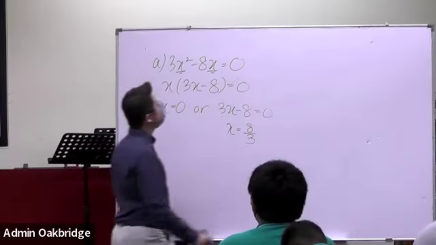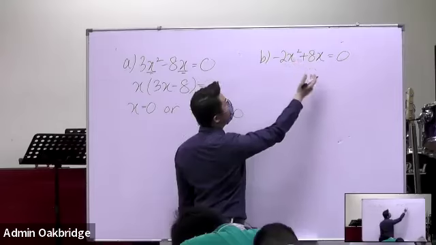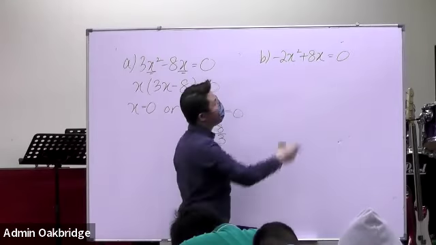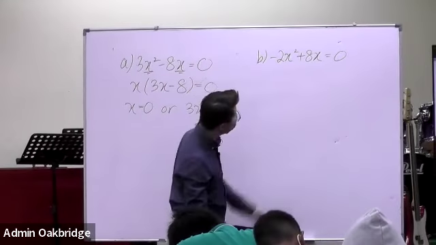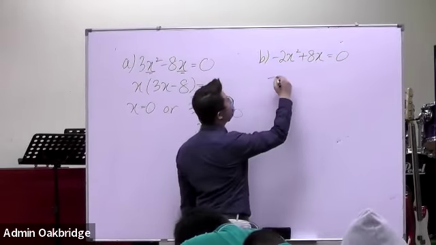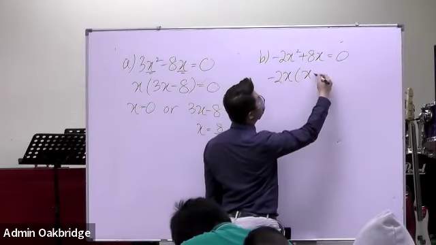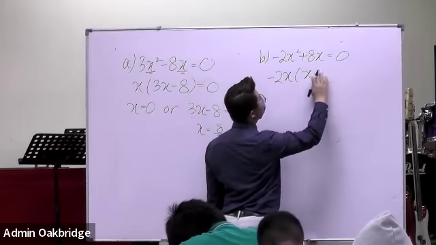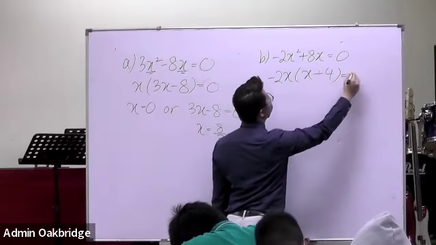How about the next one? Again, c is 0 here. They have the common factor x. Not only the common factor x, it also has the common factor 2, so you can just take out the minus 2x, and leave x minus 4 inside.